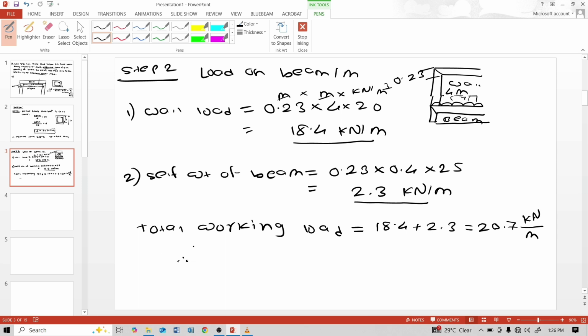Factor load: for safety purpose we take factor load. In limit state method design, we take factor load equal to 20.7 into 1.5. We get value 31.05 kilonewton per meter.